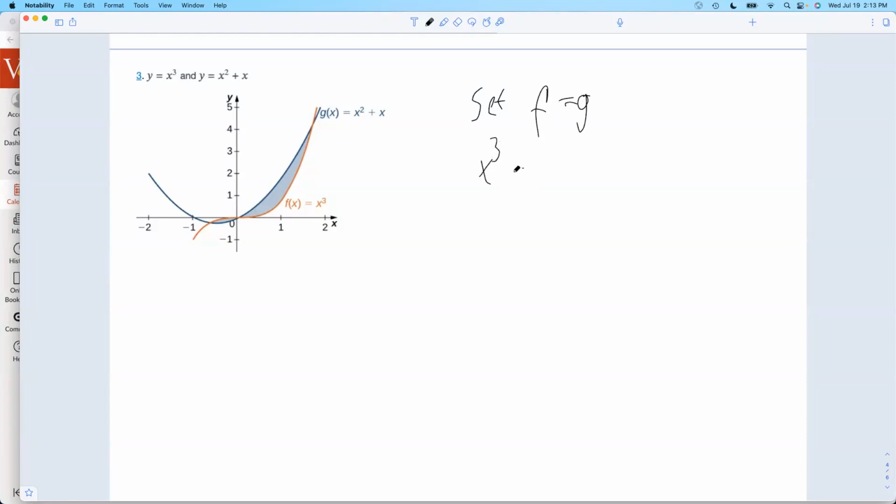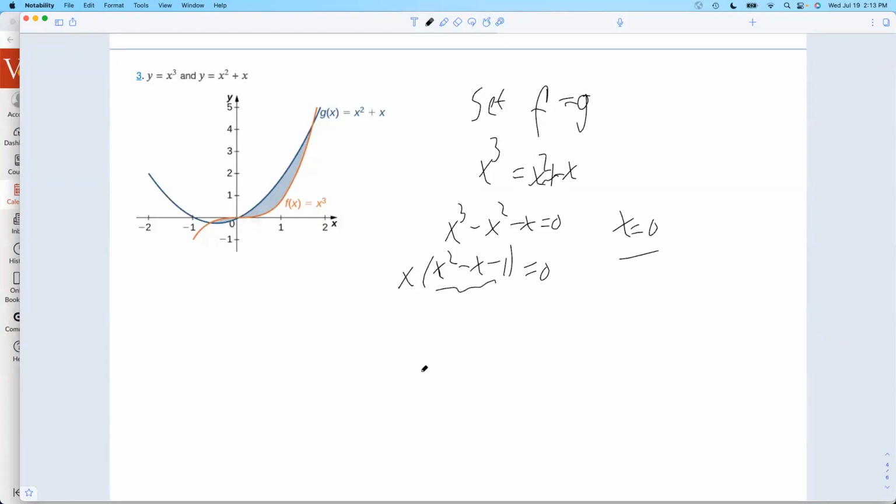X cubed equals X squared plus X. Let's move everybody on one side. X cubed minus X squared minus X equals 0. Factor out an X. Okay, so X equals 0 is clearly one of the solutions. I mean, we can see that in the picture.